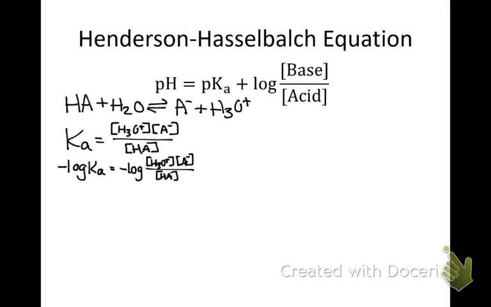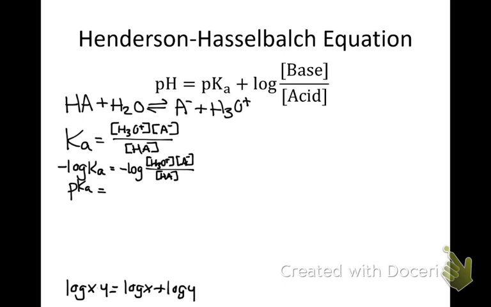Then we'll see that this side equals pKa. And maybe you remember that if you have the log of x times y, that will equal the log of x plus the log of y.